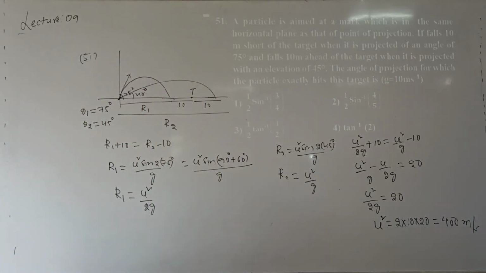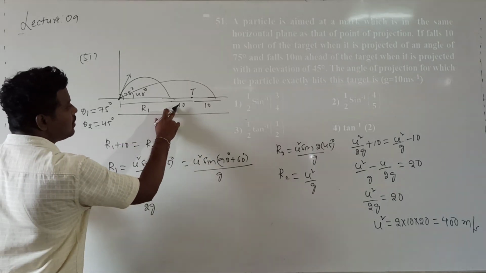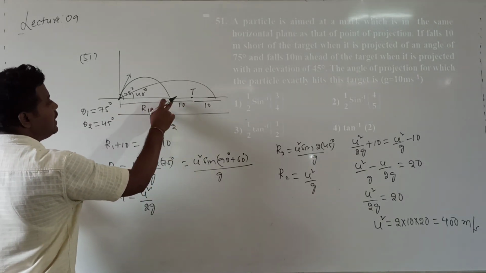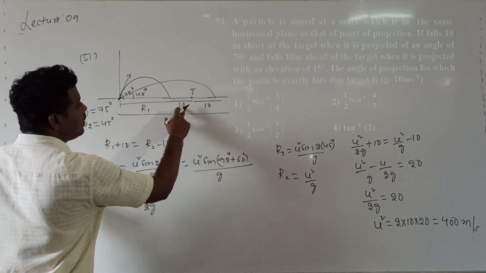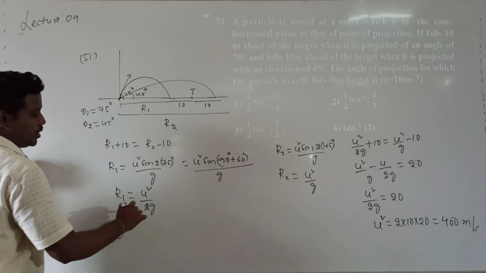Velocity of projection. Okay? Till now understood? Then what is the target distance from the point of projection? Distance of the target is either R1 plus 10 or otherwise R2 minus 10. So what is R1 value when I substitute?